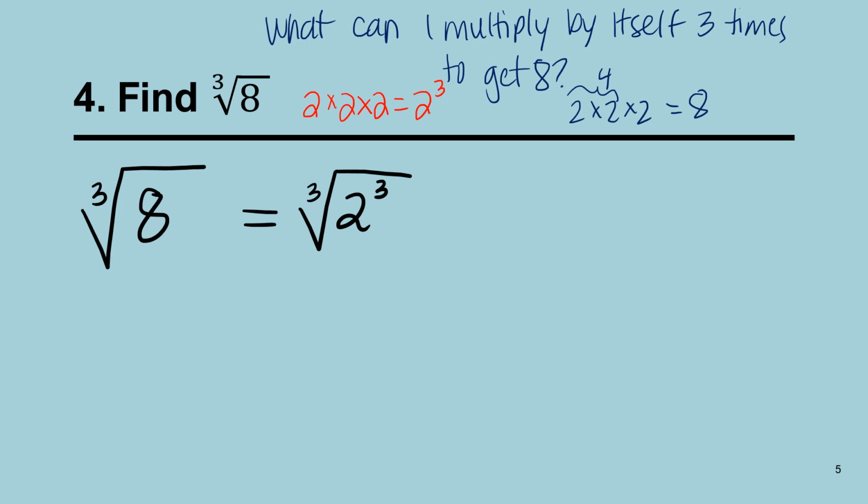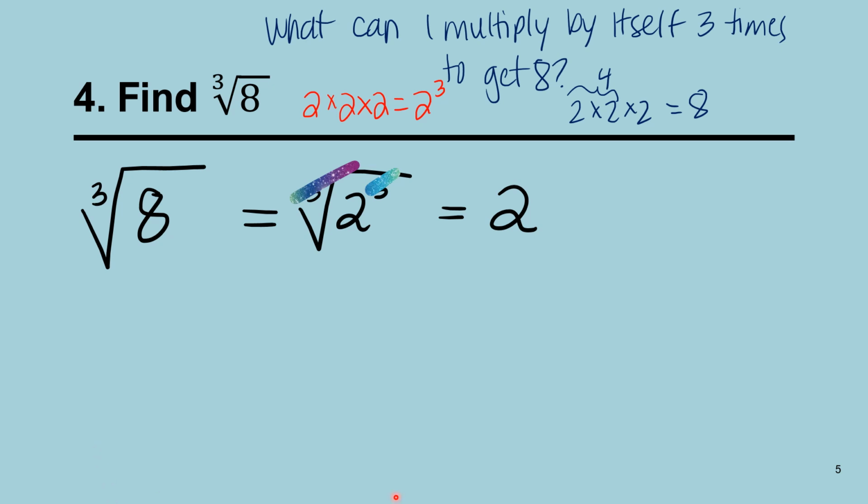And remember the rule we said earlier when we were dealing with square roots: if the index matches the exponent, these are going to cancel each other out. So here the index matches the exponent, they cancel each other out, and that's equal to 2.